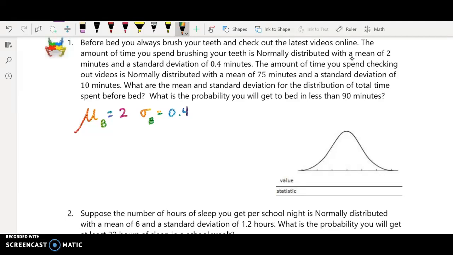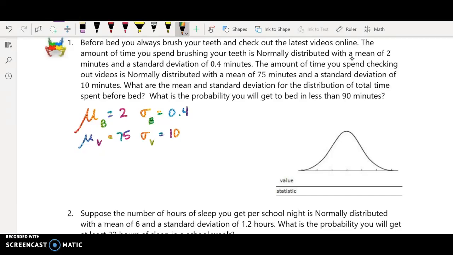Checking out videos is normally distributed with a mean of 75 minutes. What are the mean and standard deviation for the distribution of total time spent before bed? What's the probability you'll get to bed in less than 90 minutes?